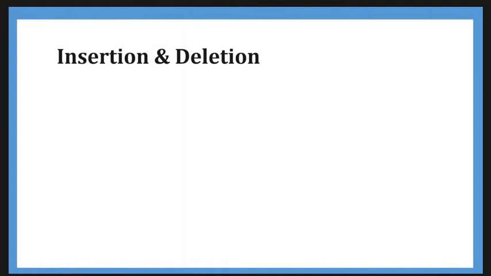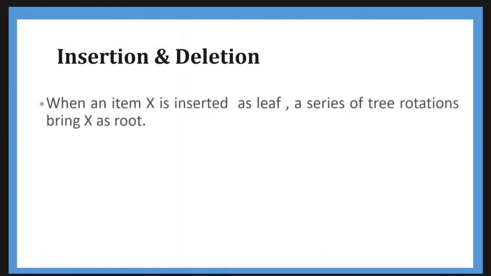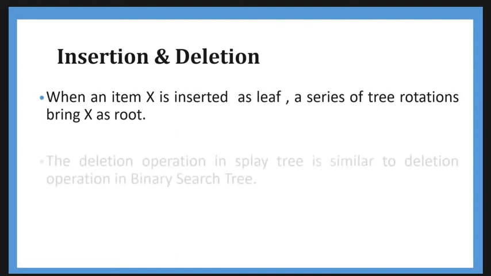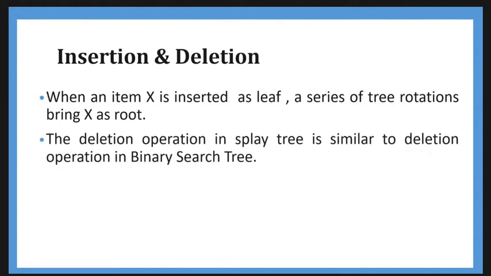Then the next operation is insertion and deletion. When an atom X is inserted as a leaf, a series of tree rotations bring X to the root. The deletion operation in splay tree is similar to the deletion operation in binary search tree. All of you know that there are three cases in the deletion operation of binary search tree.